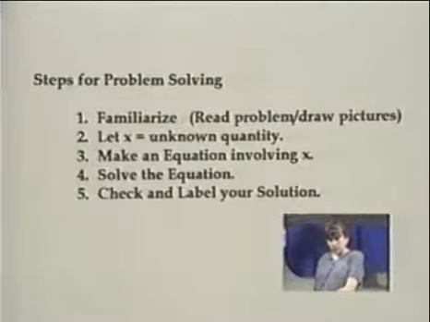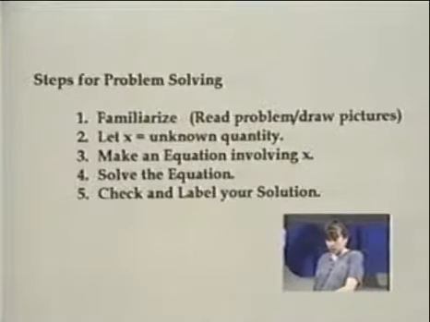The third step is to make an equation involving x. The fourth step is to solve the equation. And finally, check your solution to make sure it makes sense and then label it accurately with the proper units. You have these 5 steps in your notes, and they're also in your book, so you can look at them if you need.